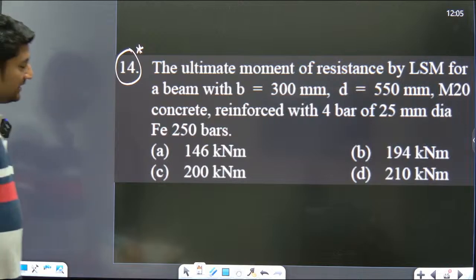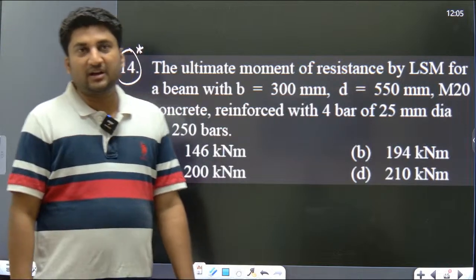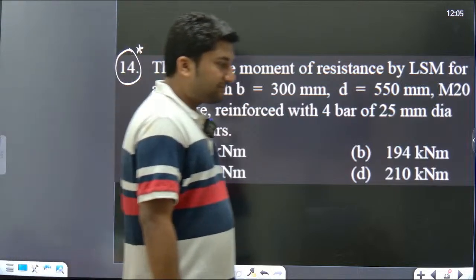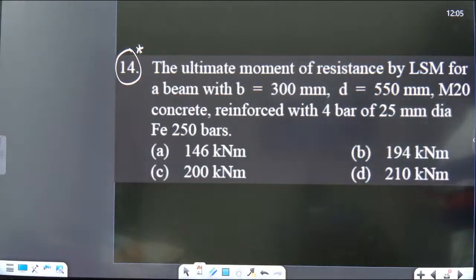You can compare the compression force to the tension force: 0.36 fck b xu is equal to 0.87 fy Ast.